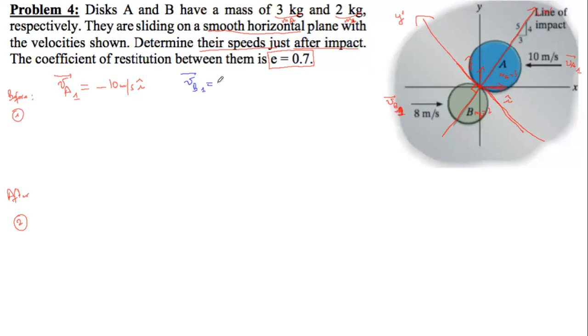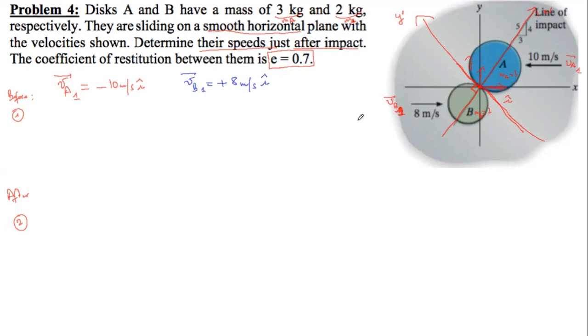Well, VB1 is plus 8 meters per second i hat. Okay, you can see it. Great, but I don't want to express them in X and Y. I want to express them in X prime and Y prime, in the line of impact and in the plane of contact.